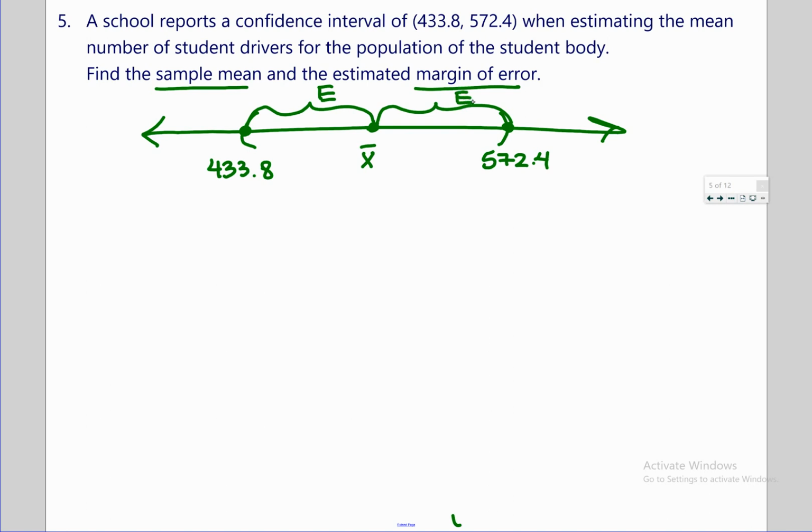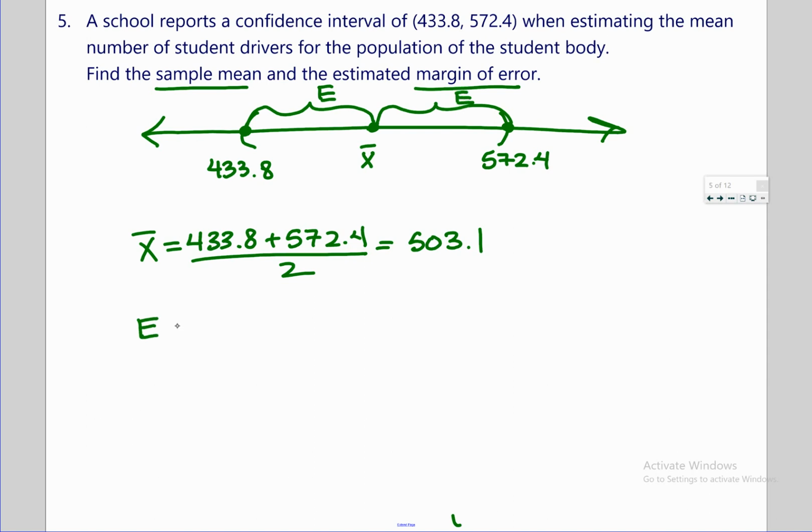Okay, so to get the mean, we add them up, divide by 2. Find the average, find the midpoint. And that gives me 503.1. To find the margin of error, you're going to find the difference in 503.1 and either end of the confidence interval.